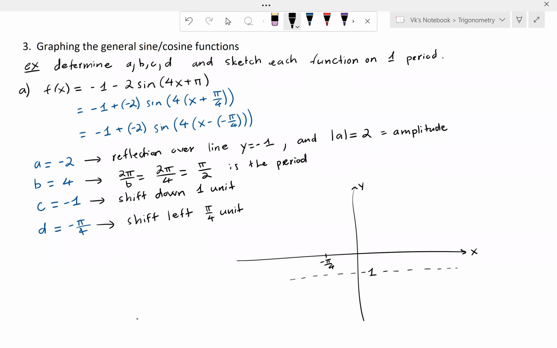The period is pi over 2, meaning that we have to add another pi over 2. So -pi over 4 plus pi over 2, well, pi over 2 is the same as 2 pi over 4, so this gives us pi over 4. It is -pi over 4, and right here is pi over 4.